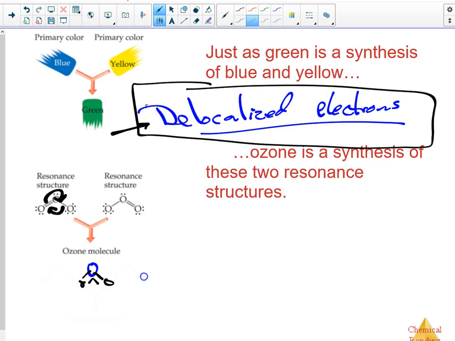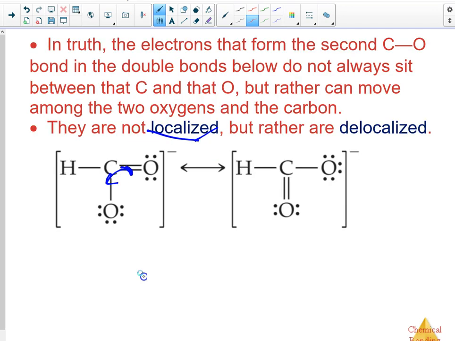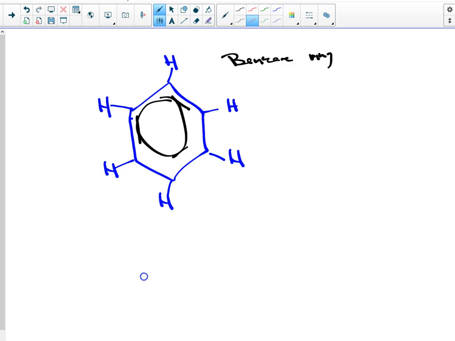So just as green is a synthesis of blue and yellow, ozone is a synthesis of these two structures. The key to this is what we call delocalized electrons. The most common thing in our world that you may have heard of is benzene. Has anyone ever heard of that?